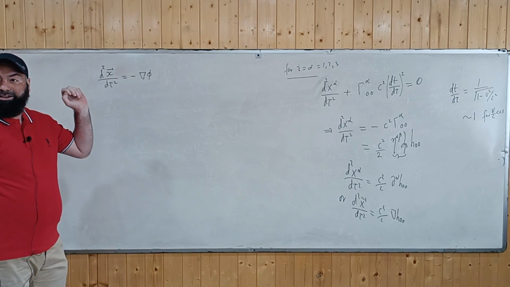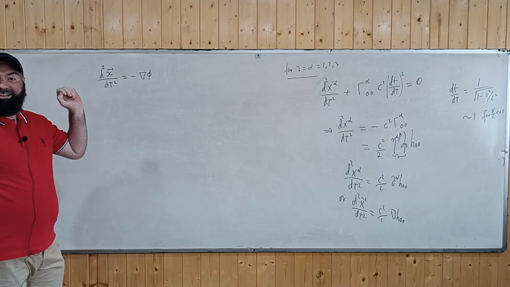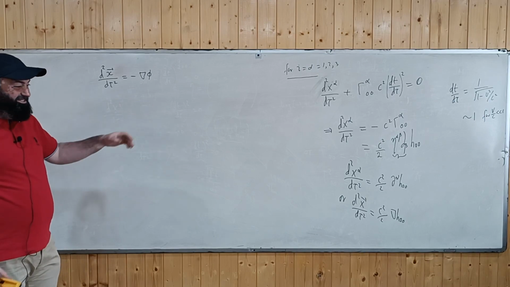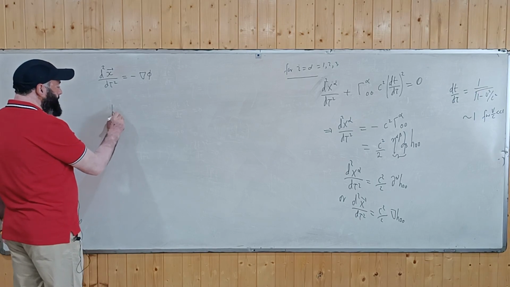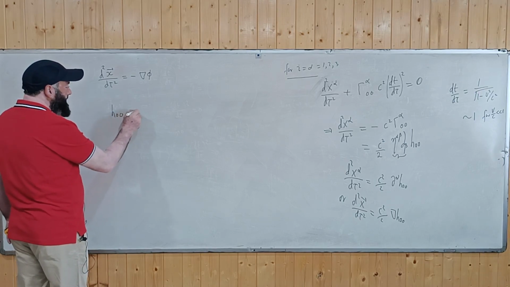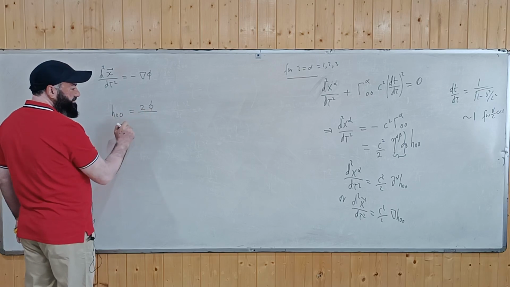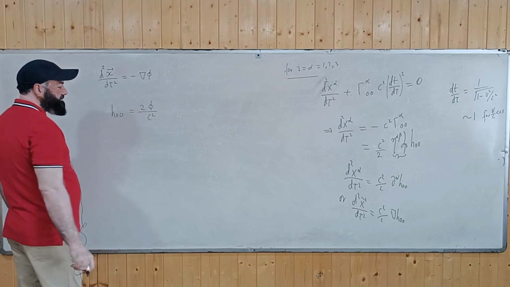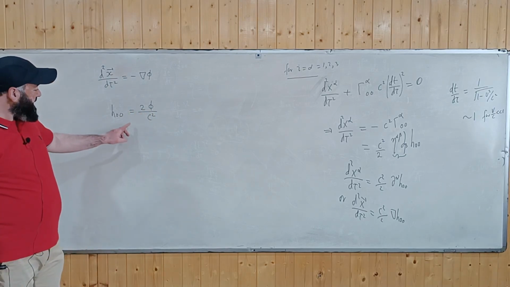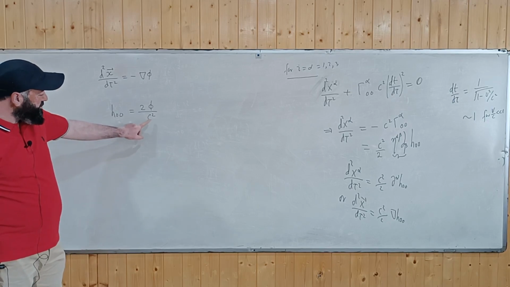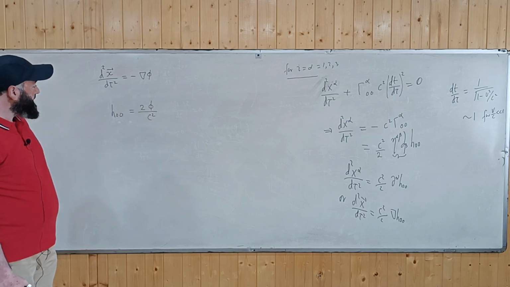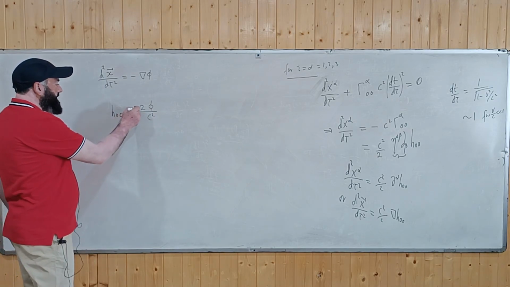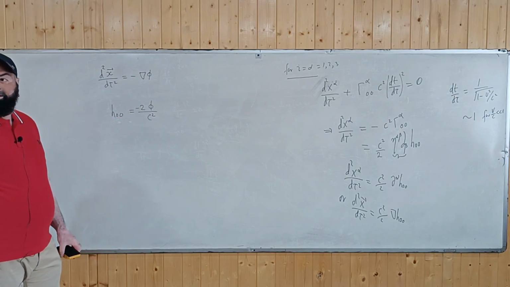What is h_00 then? By comparison, we can identify h_00 as 2φ/c². So now you put h_00 as 2φ/c² in that equation, you will recover this equation. Rather, with a minus, right?